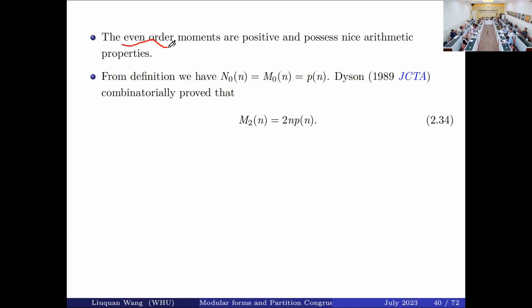The even order moments are positive numbers, and they have really nice arithmetic properties. First, for the zeroth order, N_0(n) and M_0(n) are just the same as the function p(n). And for the second order, Dyson proved that M_2(n) equals p(n) multiplied by 2n. So it differs from p(n) only by a simple factor.